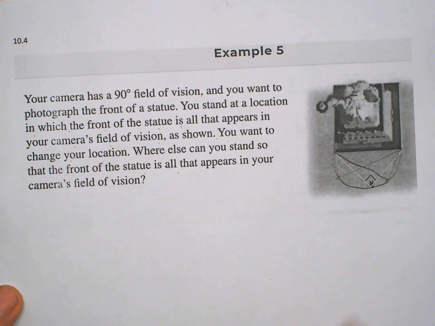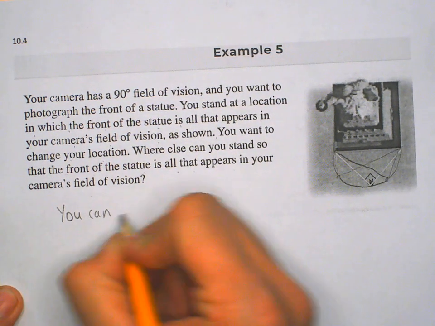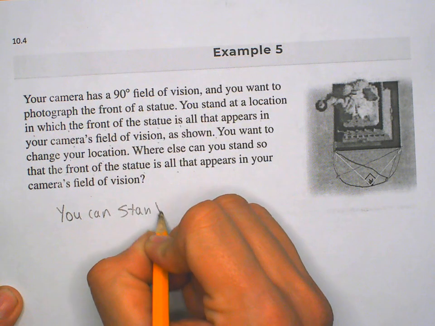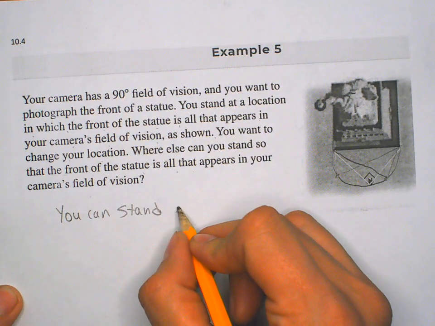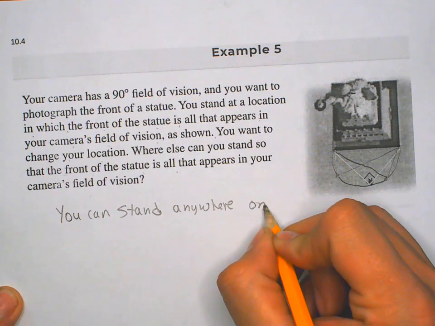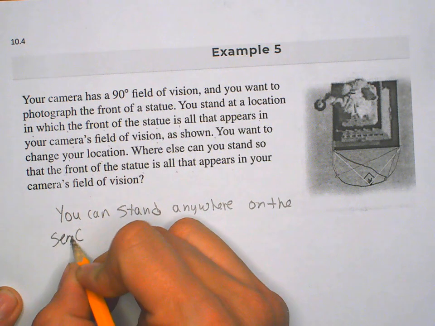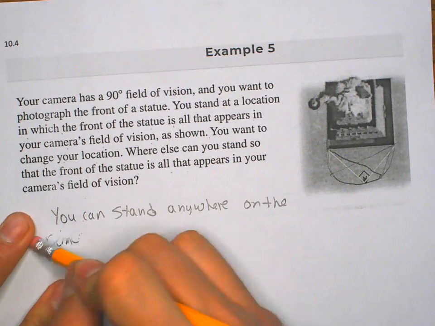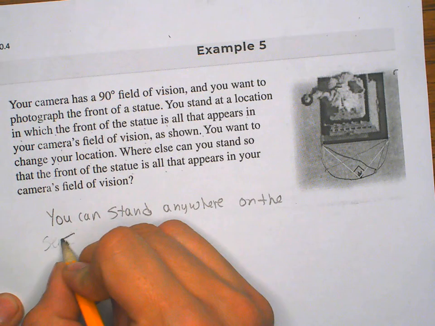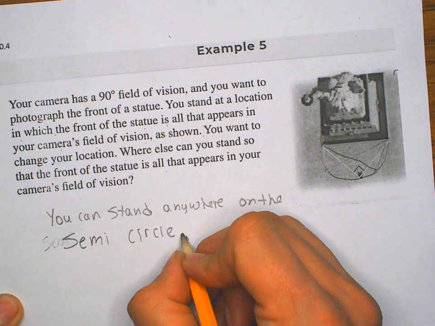So basically, you can stand anywhere on the semicircle. Writing sloppy today. In the semicircle. Just like that.